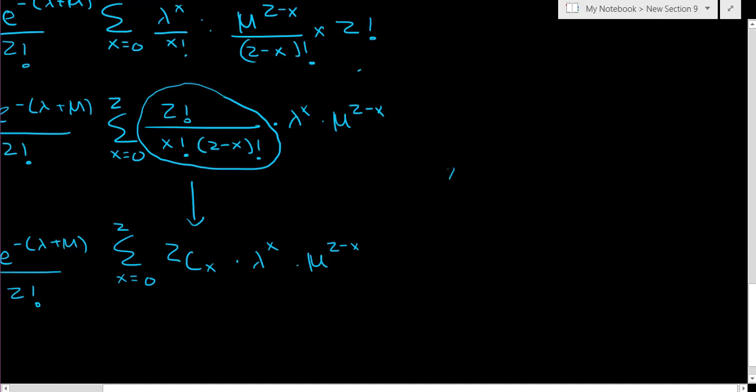I know that (x + y) to the power of n is basically equal to the sum, defining a dummy variable j going from 0 to n, of nCj x to the power of j and y to the power of n minus j.